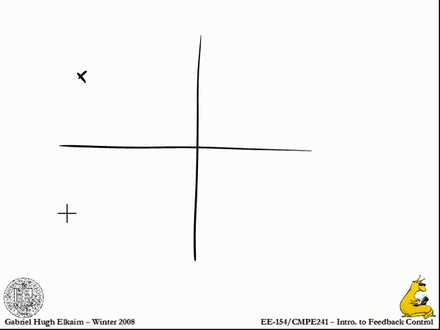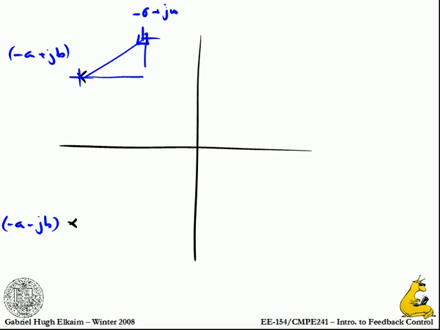All right, so I'm going to put these 2 here, and I'm going to put my probe point here. So this point here, we said this was minus A plus JB, and this here is minus A minus JB. Okay? And then I've got my point up here, which is at minus sigma plus J omega. All right. So this distance is A minus sigma.